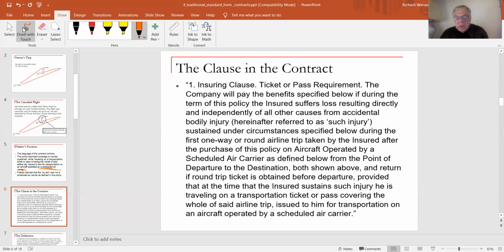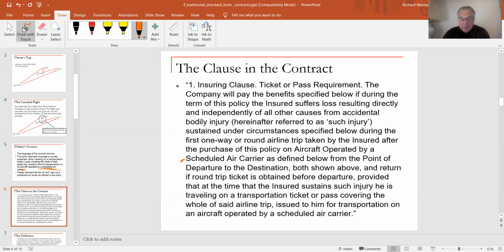So in the insuring clause, the first paragraph in the contract, ticket or pass requirement, the company will pay benefits specified below if during the term of this policy the insured suffers loss resulting directly and independently of all other causes from accidental bodily injury, hereinafter referred to as such injury, sustained under circumstances specified below during the first one-way or round trip taken by the insured after the purchase of the policy on aircraft operated by a scheduled air carrier, right?